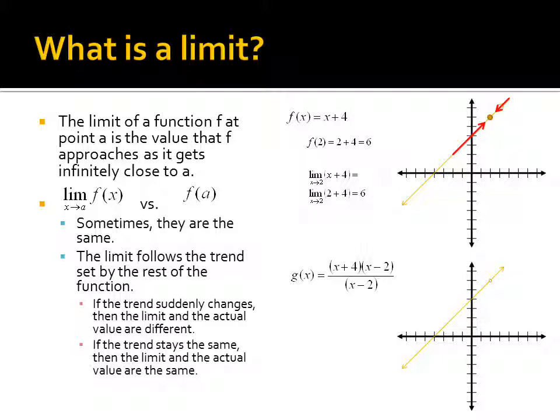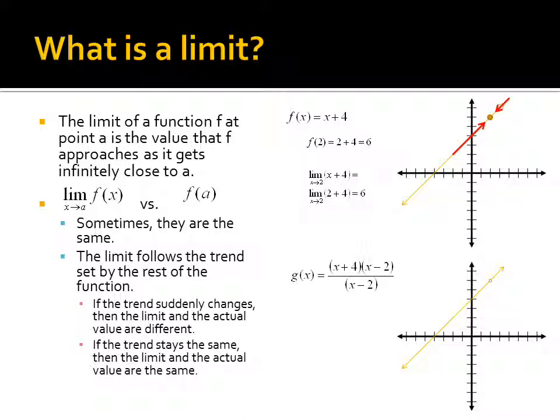Alright, now we're going to do a tiny variation on this problem. We still got the x plus 4 part here. The x plus 4 is here, x plus 4 is over here. All I did was multiply by x minus 2 over x minus 2, which creates this new function g of x.